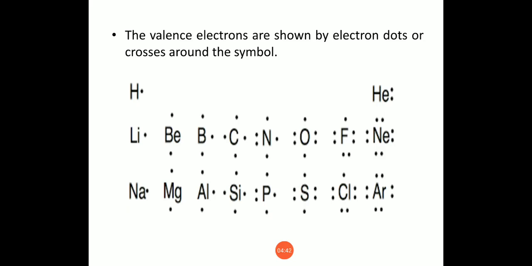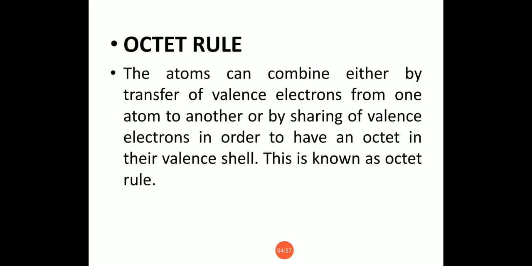Here we are representing only valence electrons because only valence electrons take part in bonding. That is why we represent only valence electrons. When you talk about bonds, there is a very important concept, that is octet rule.